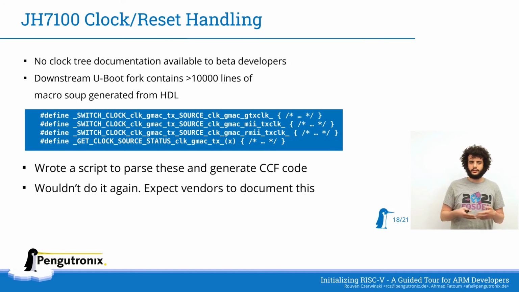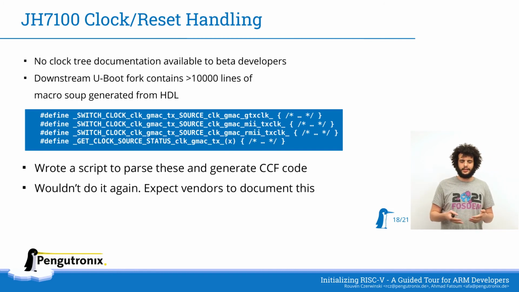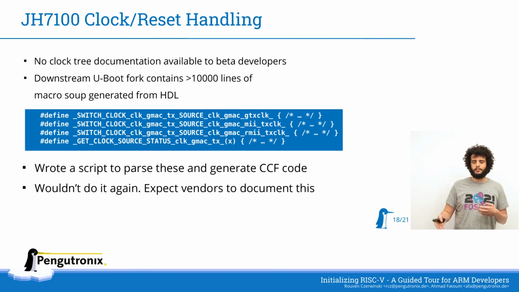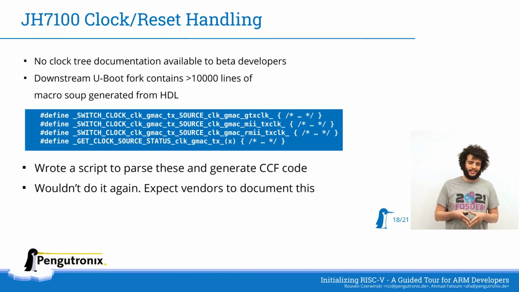So in the end, I wrote a script that parses it out, and it generated Common Clock Framework code that looks quite a lot like normal clock framework code in Barebox or in Linux. Someone even ported it to Linux, which I liked very much. Of course, there were missing parts, and they had the comment, well, we will fill this out once we have documentation. And that was my expectation.